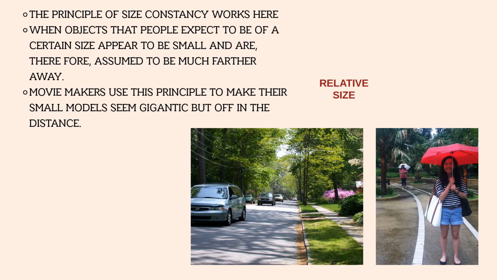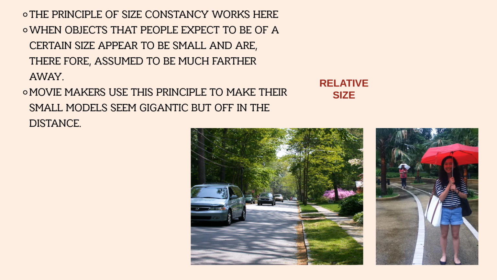The next one we have is relative size. For this one, I want you to look at the picture where a woman is standing with a red umbrella, and there's a woman with a white umbrella. And the size of the woman with the white umbrella is very small, right? It is approximately the size of the other woman's face. But does that mean that the woman is that short? Not at all. It is only a perception. We know that the woman is far away. She's not that small.